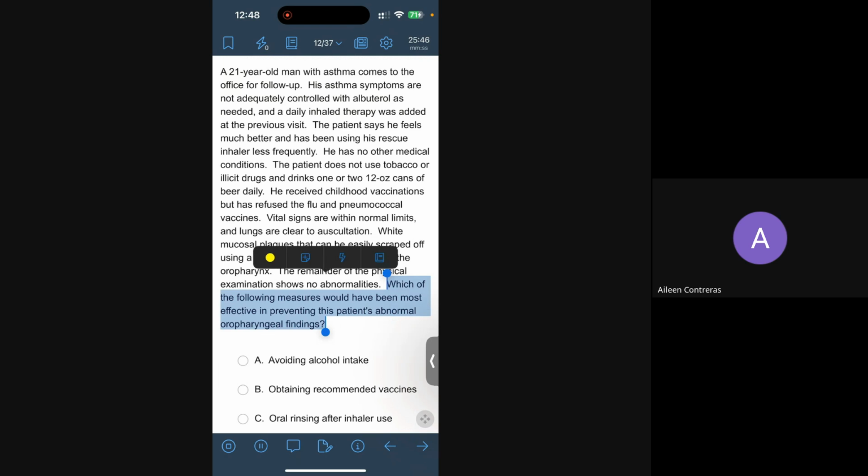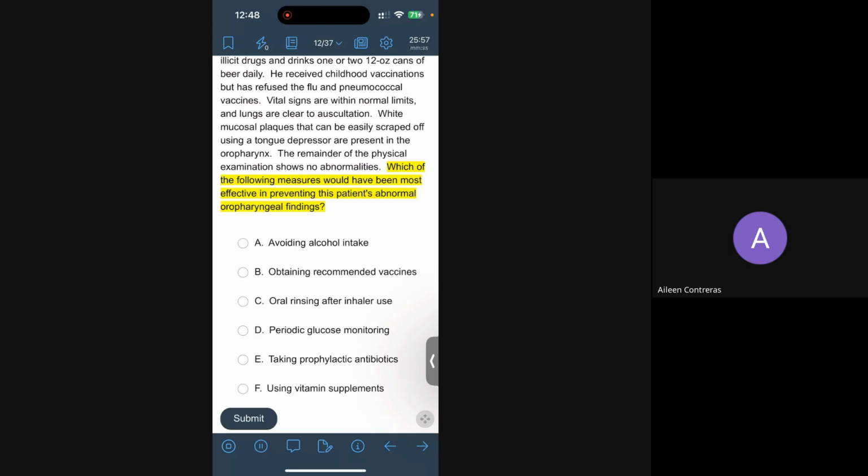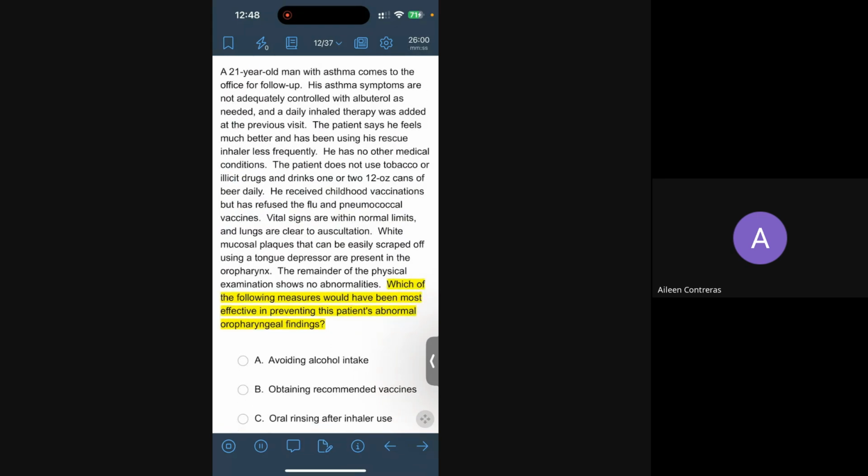Which of the following methods would have been most effective in preventing this patient's abnormal oropharyngeal findings? I think we have done this before. What is happening in this question? The patient is using inhaled steroids for asthma.